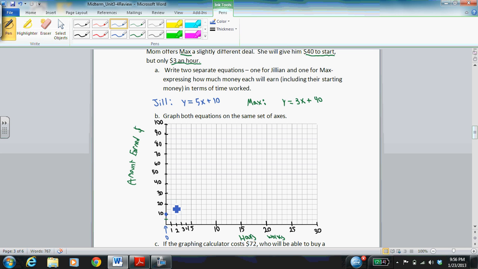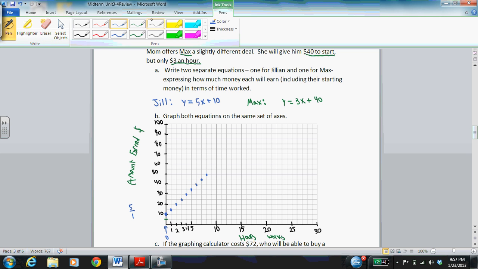So now her slope is 5. So that's like 5 over 1. So I'm going to go up 5 over 1, up 5 over 1, up 5 over 1, and so on. And you guys get the point, I think, up 5 over 1 always, because it's a constant slope.